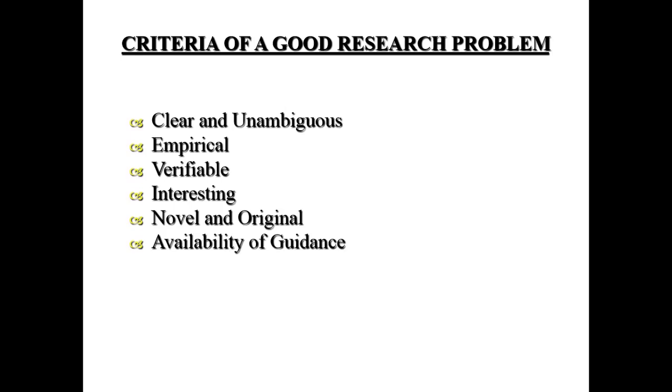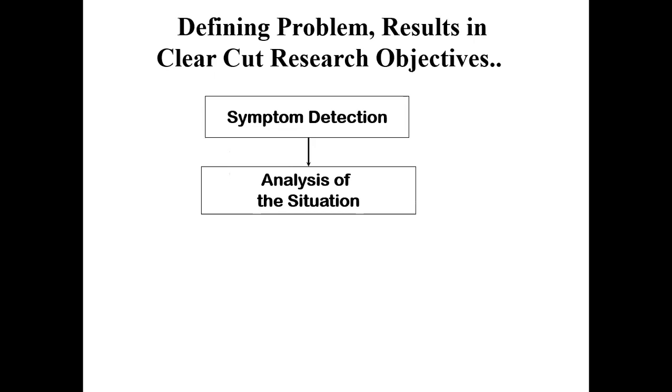Availability of guidance, that is also important, that whether whatever the research problem you have in your mind, or you want to do that particular research, whether there is guidance available or not. Sometimes we do not have that guidance, so avoid it.